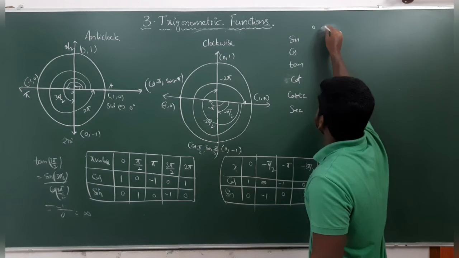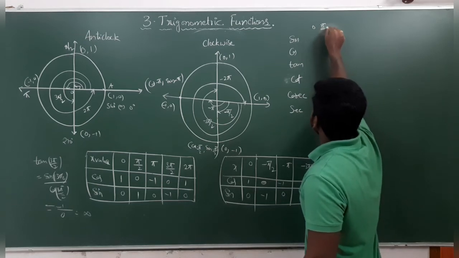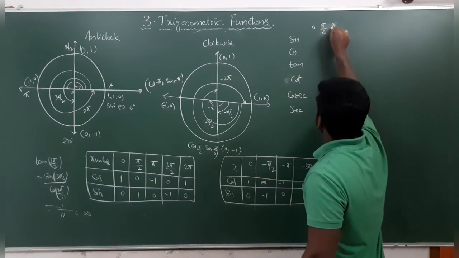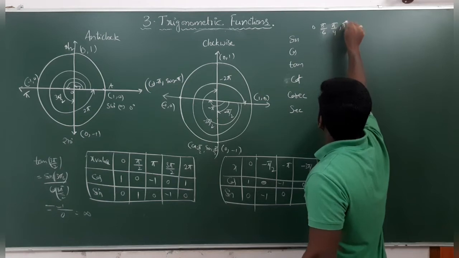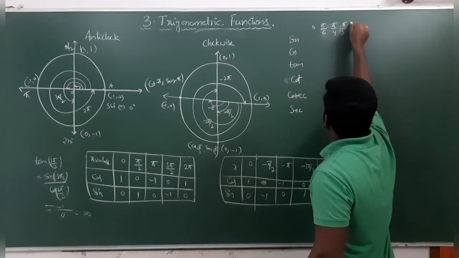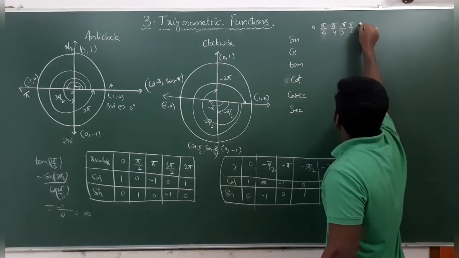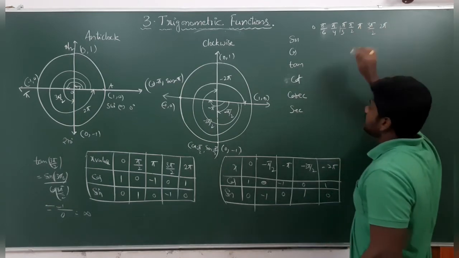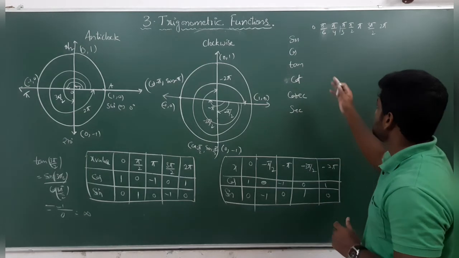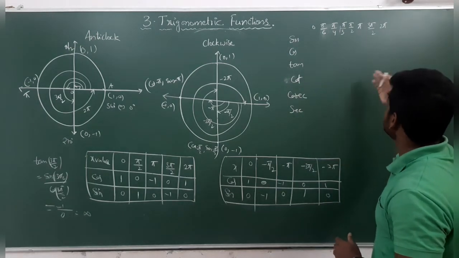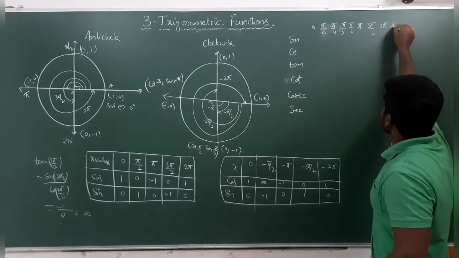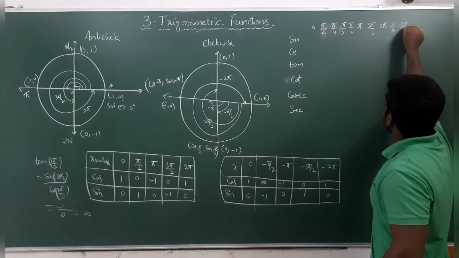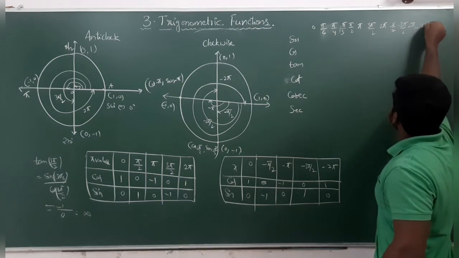So this is 0, pi by 6, pi by 4, pi by 3 and pi by 2, pi, 3 pi by 2, 2 pi. This is one table, and you can also extend it up to minus pi by 2, minus 3 pi by 2, minus pi, minus 2 pi.